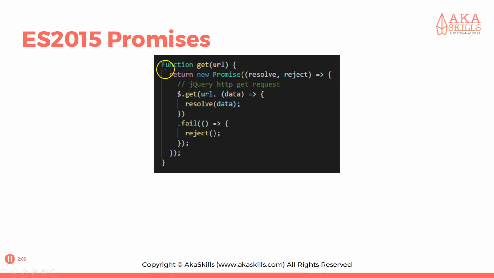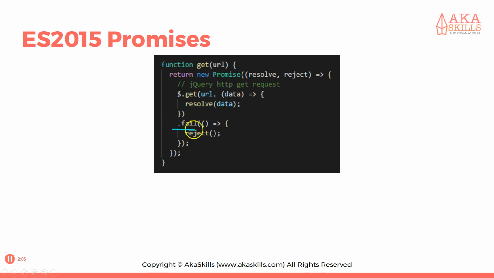So another example, I'm saying function get with some URL. So I want to get some resource from this link. Then I'm saying here return new Promise, resolve and reject. And here I'm using a jQuery HTTP GET request. So I'm saying jQuery.get on this URL. And if it's successful, I'm going to receive data. And when I receive it, which is an async operation, I'm going to resolve this promise with that data that I receive.